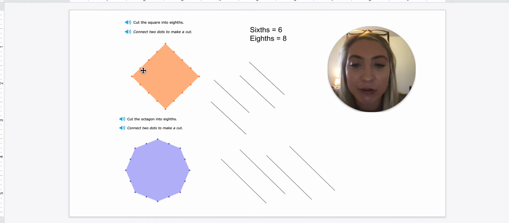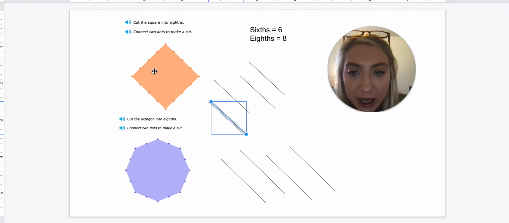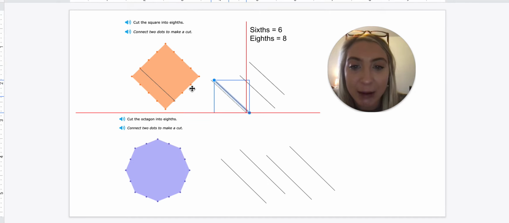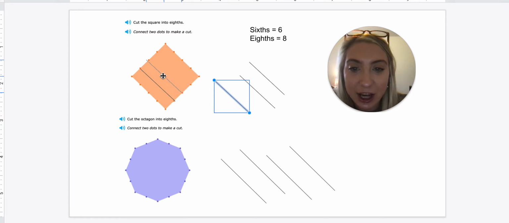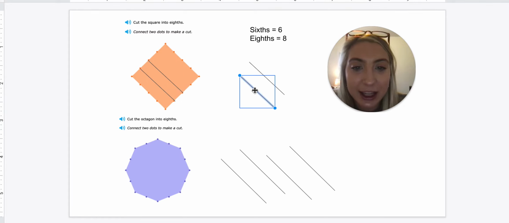I'm going to start from here and connect it right across, because that's what we want to do. So I'm connecting this line right across from this dot to this dot, so the dot on the opposite side. And I'm going to take this dot to this dot from the opposite side. And I'm going to take this dot to this dot from the opposite side.